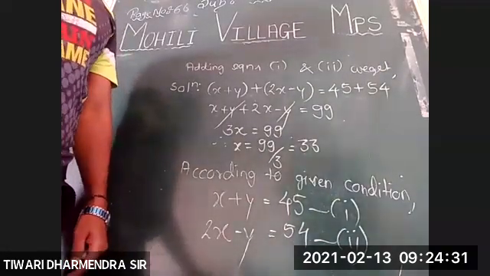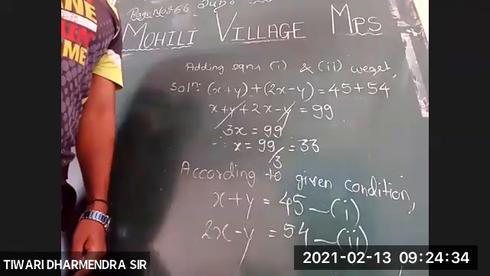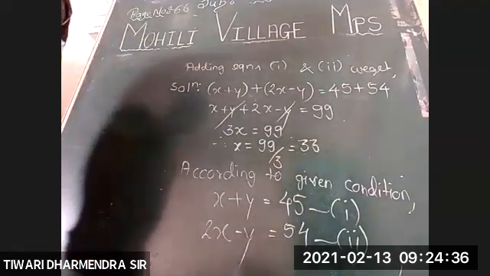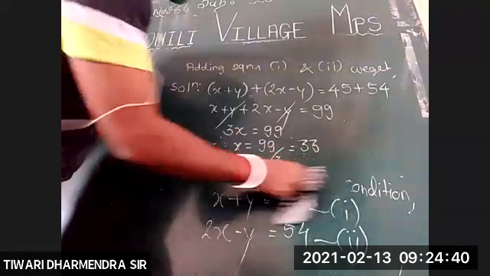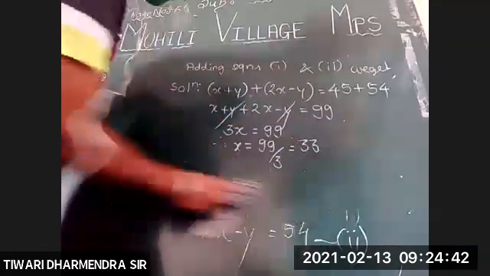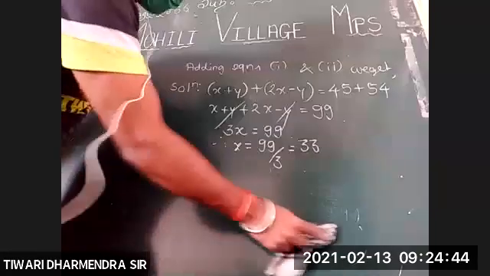So we got the answer as 33, value of x. Now substituting this value in any of the equations. X was nothing but the present age of the mother.